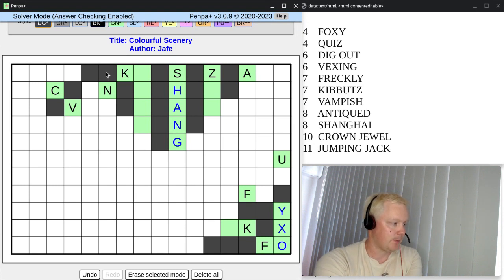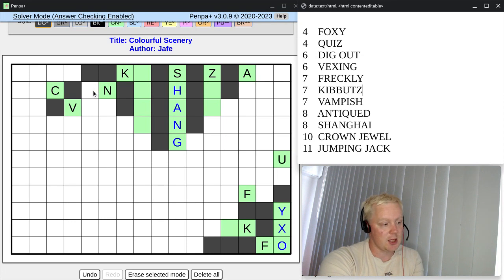How about this N? Now this N doesn't have to be the start or end. It could have 2 unshaded neighbors still. And in fact, we don't have any word that starts with N, and we don't have any word that ends with N. Now that's useful because we know that it has to be in the middle, basically.